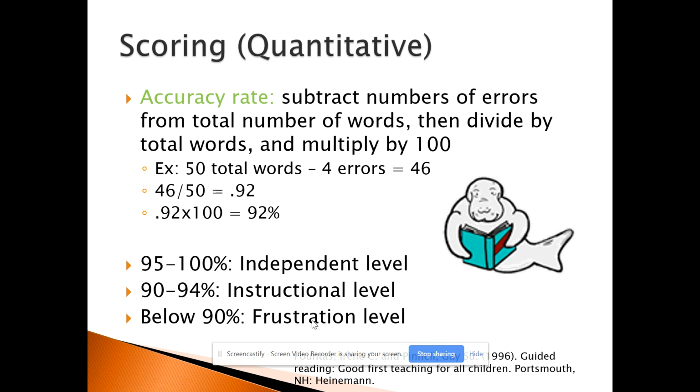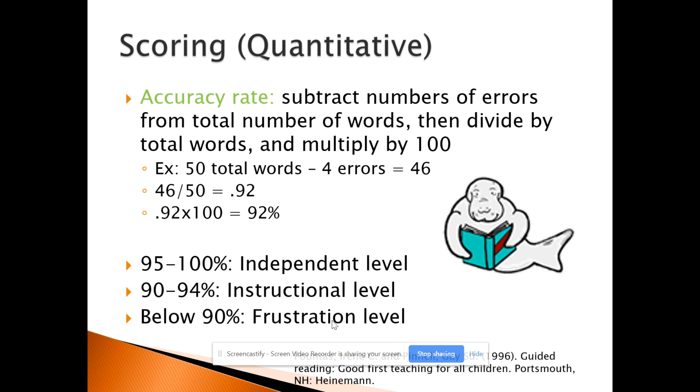If the student lands at the frustration level, the text was too difficult for that student and it's not an accurate reading of where their instructional level is. So if you're doing a running record and your accuracy rate comes up at the frustration level, I ask that you look at a text that's on a lower level than what you've already tried and see if you can get your student to the instructional level.